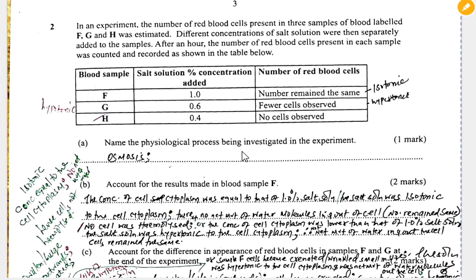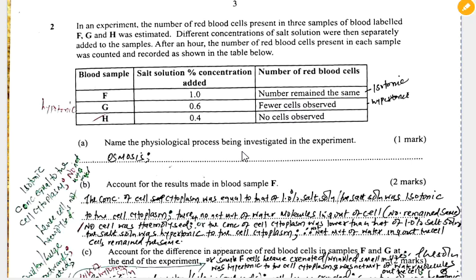In an experiment, the number of red blood cells present in 3 samples of blood labeled F, G and H was estimated. Different concentrations of salt solution were then separately added to the samples.